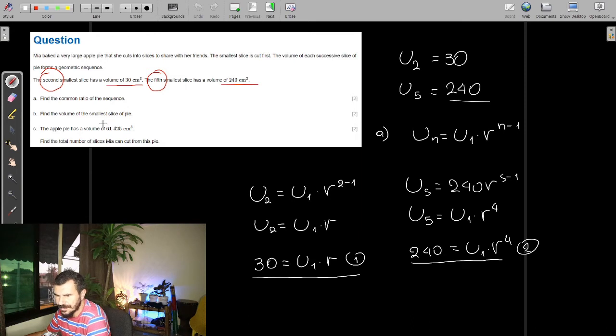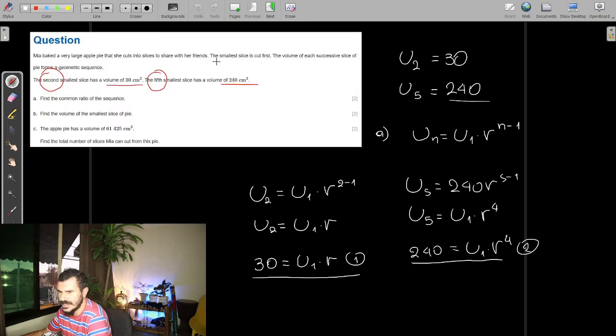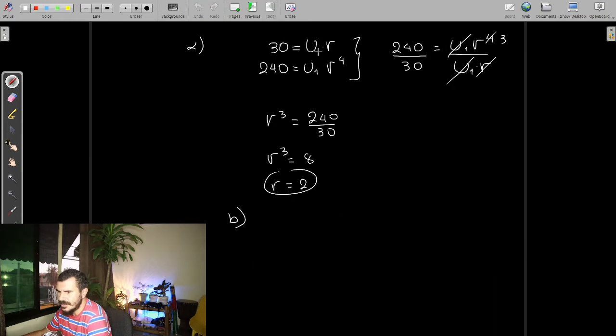Part B. Find the volume of the smallest slice of pie. This was A. Let me check B now. I found r. Now to find U1, that means the smallest slice, it means to find the first term, U1.